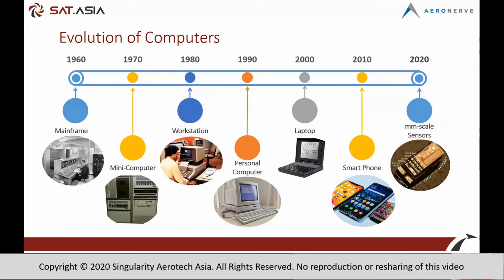Let's look at the evolution of computers from the 1960s to 2020. In the 1960s, big mainframes. Computers used to be very huge. In the 1970s, they started to have minicomputers. It's called mini at the time, but it's not really mini. Then in the 1980s, people started inventing workstations, and people in the workplace started to use computers.